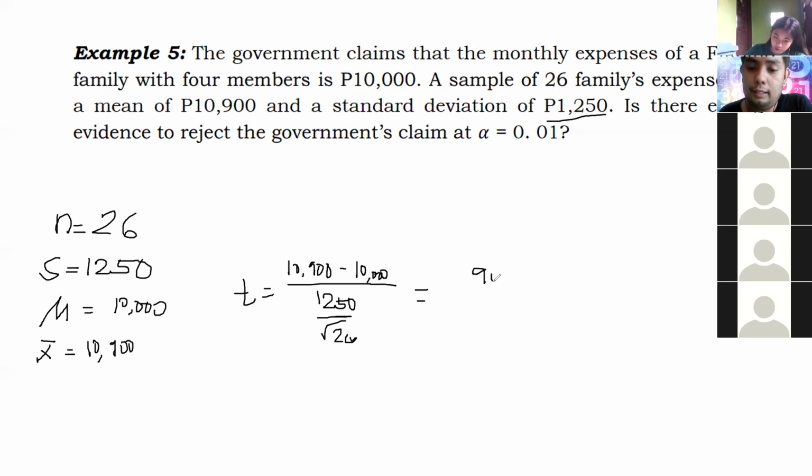That will be 900 over 1,250 over the square root of 26. So ano makukuha natin? Alam niyo na kung paano isulat yan sa calculator. So that's 900 divided by open parenthesis 1,250 divided by the square root of 26. Ano nakuha nyo? 3.6713 po.